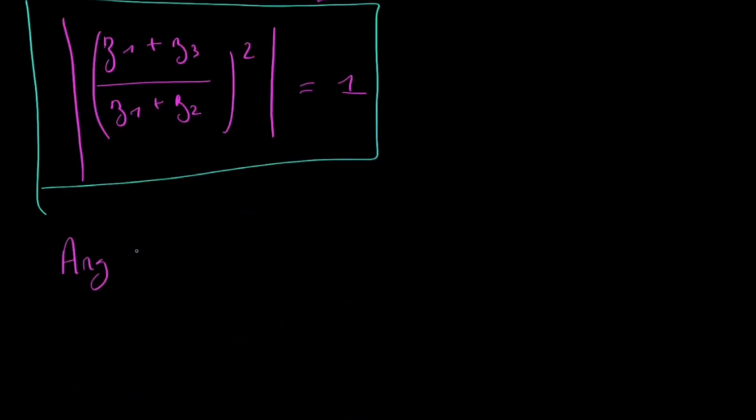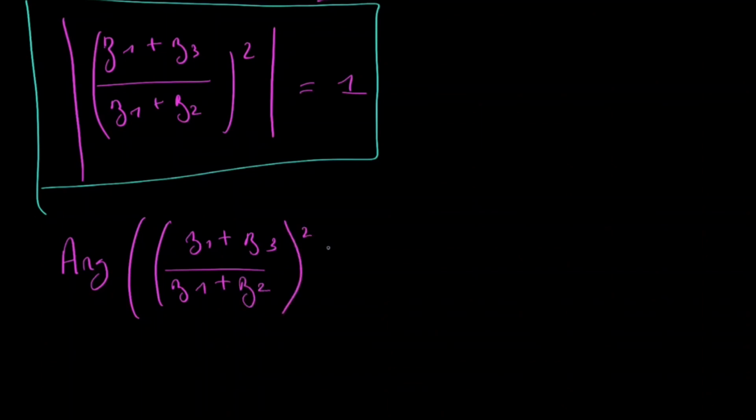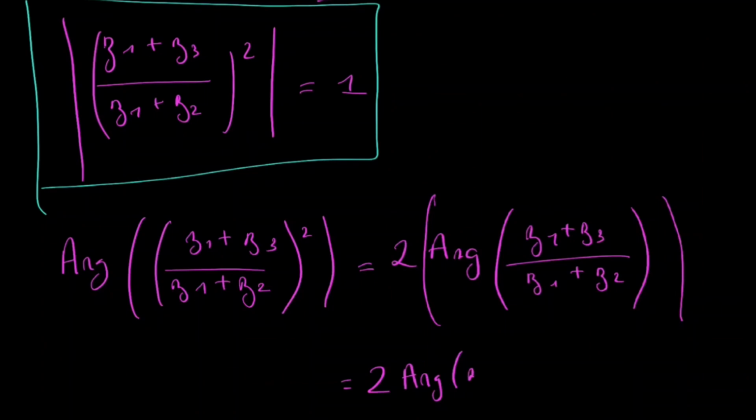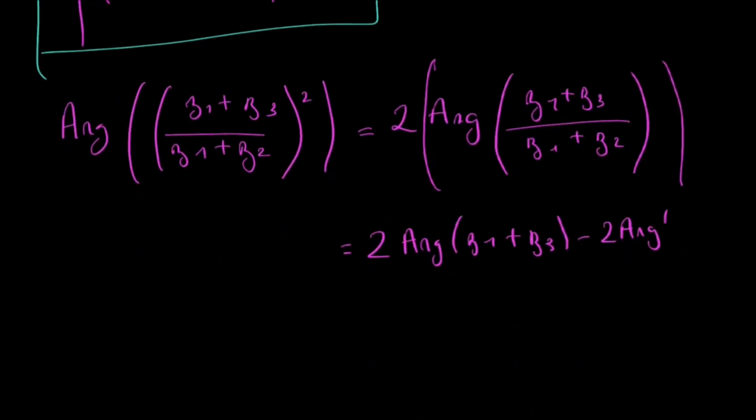The argument of z1 plus z3 over z1 plus z2 square equal 2 times argument z1 plus z3 over z1 plus z2, which is equal to argument z1 plus z3 minus 2 arguments z1 plus z2.